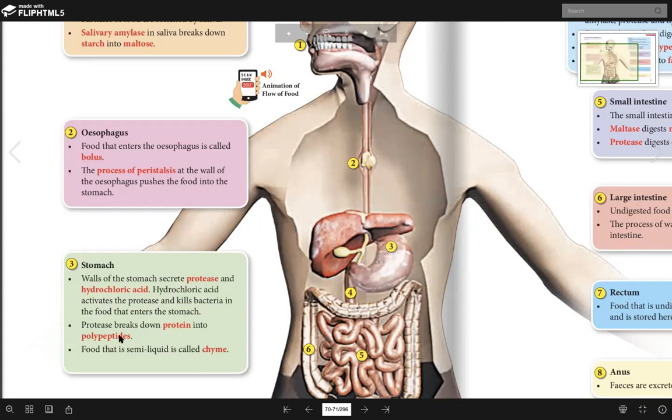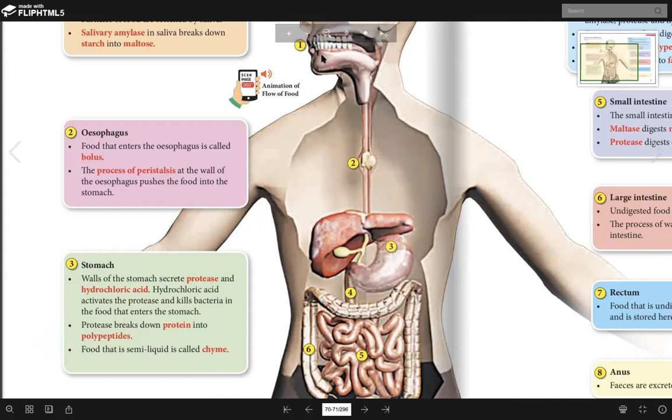Okay. Now we go for the protease ni. So protease ni fungsi dia to break down protein into polypeptide. Okay, ingat protease fungsi dia adalah to break down protein into polypeptide. So we can say that in the stomach, the protein digestion mainly occurs.